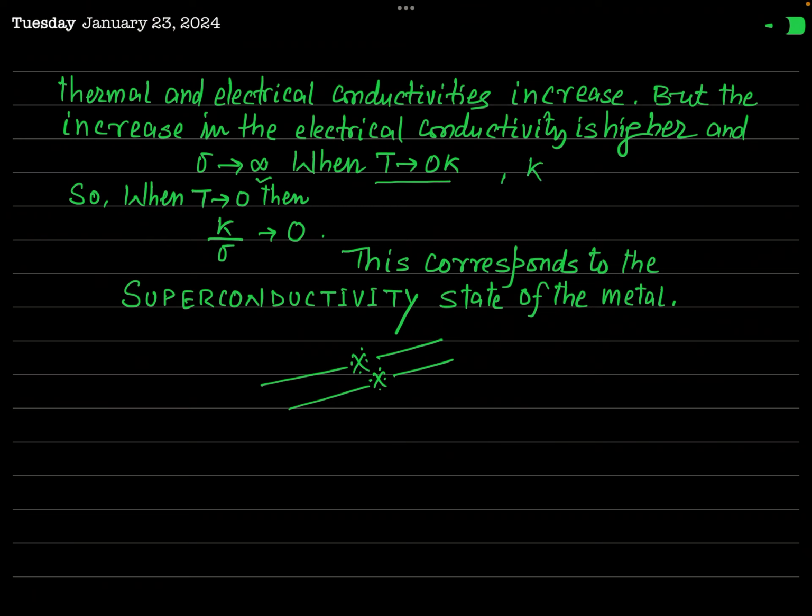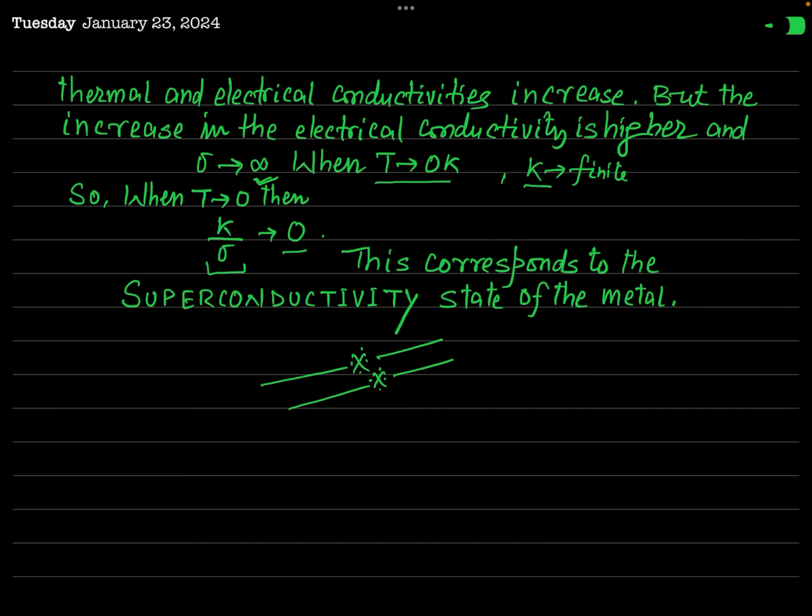But K remains finite. So if sigma becomes infinity but K is finite, what will K by sigma be? Finite divided by infinite will be 0. So K by sigma tends to 0.